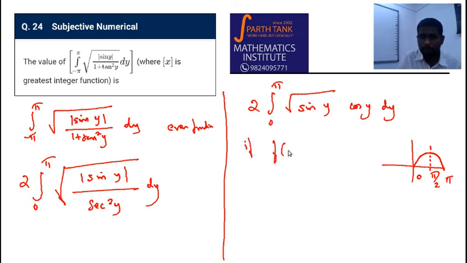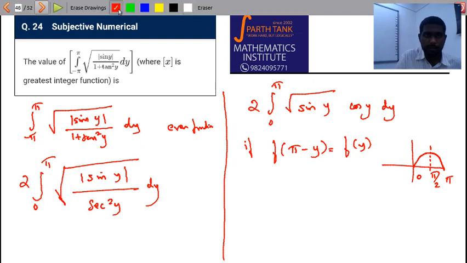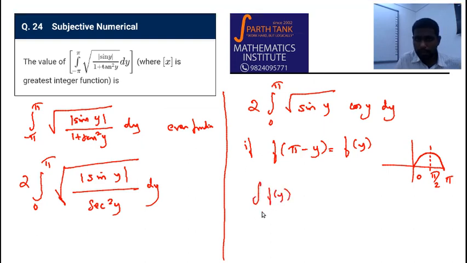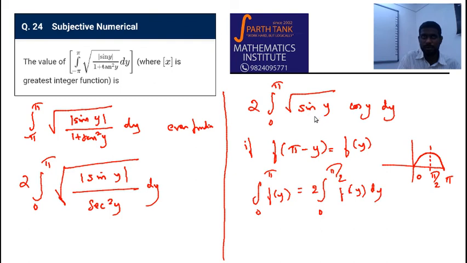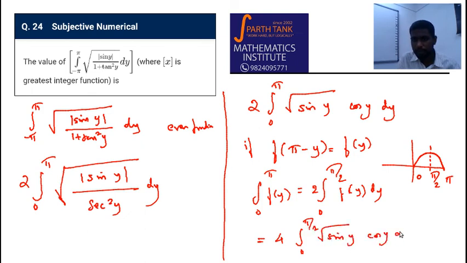If f of pi minus y is equal to f of y, then the integral of f of y from 0 to pi can become 0 to pi by 2 twice f of y dy. And since that condition holds for sine, in the second quadrant sine is the same. Therefore this can become 4 times integral 0 to pi by 2 square root of sine y cos y dy.